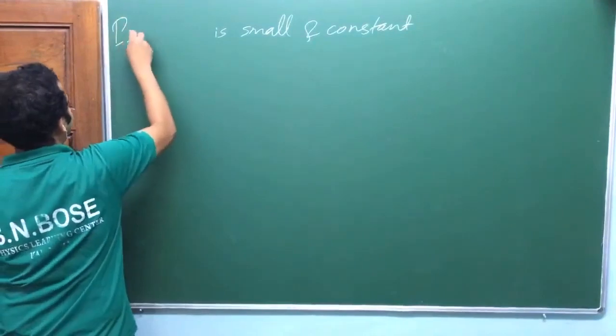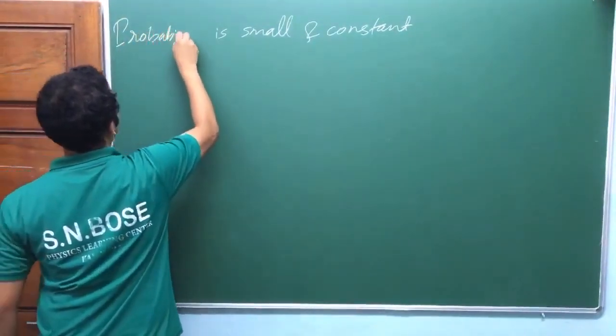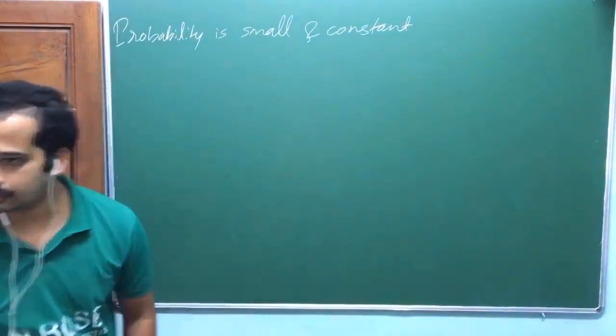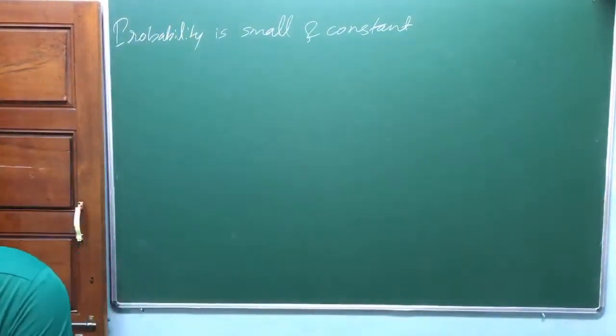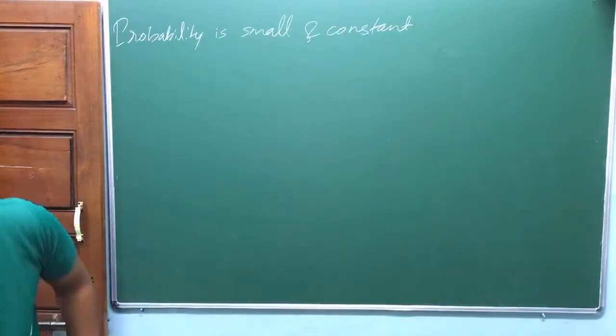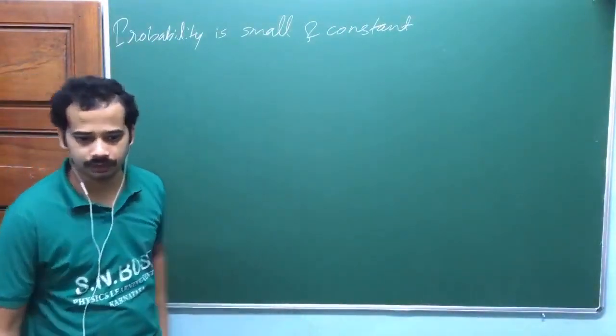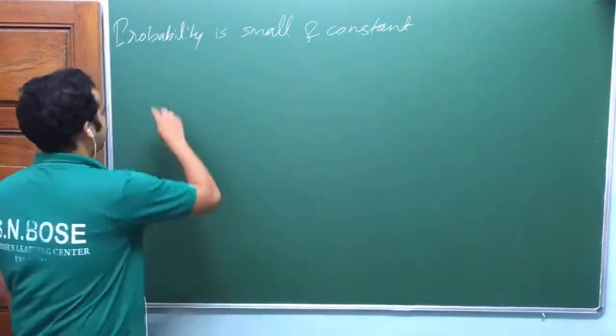When probability is small and constant, we are going to apply this one. I'll tell you later in what approximation to the binomial expansion you will get into this. First we shall work this out. Now look here, let me define this.